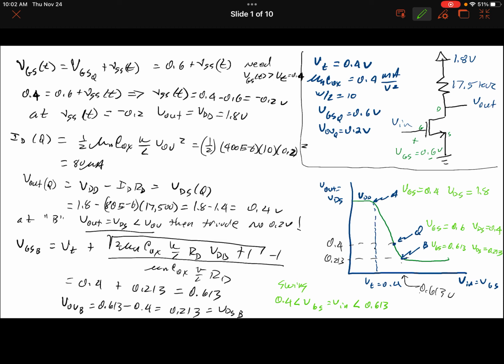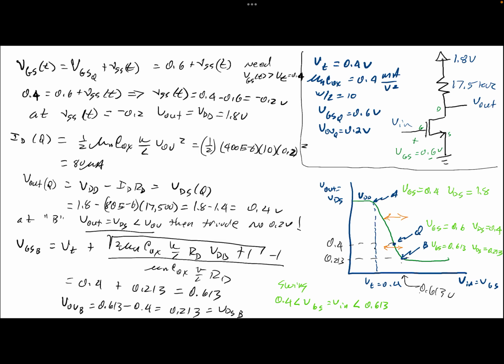Those are the limits that we have to stay in the saturation region. We just need to stay between that. But really, we should be centered at this point right here, and that would give us a smaller swing. We set our input voltage and therefore the current and output voltage at a point Q, and let our signal move around about that.